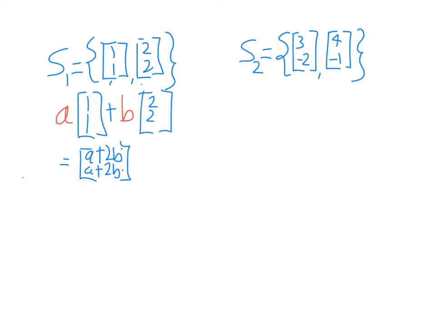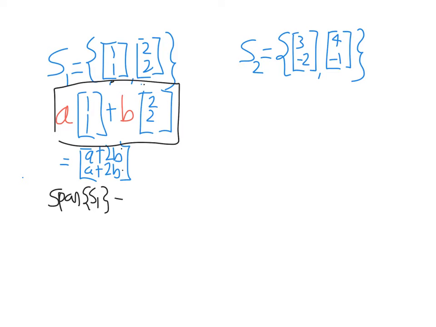If I look at the span of S1, the span of the vectors in S1, it's asking which vectors can be written as a linear combination of the vectors in S1. Which vectors can be written in this form? As I've seen here, the only vectors that can be written in this form are vectors where the first entry, I'll just call it alpha, is the same as the second entry.